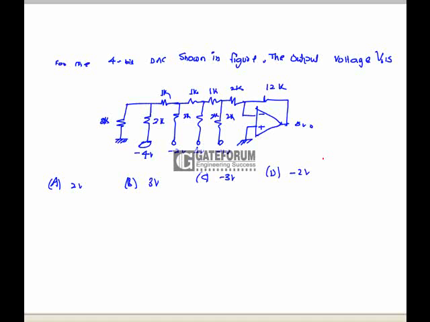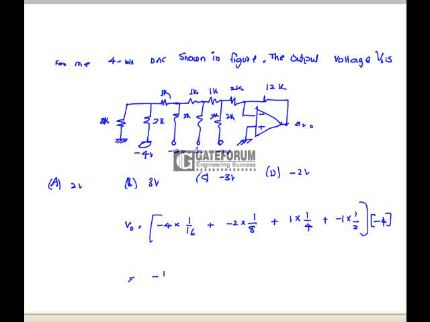For the 4-bit DAC shown in the figure, the output voltage V0 is? Here V0 is calculated as (-4 × 1/16 + -2 × 1/8 + 1 × 1/4 + -1 × 1/2) × gain, where the gain is -4.